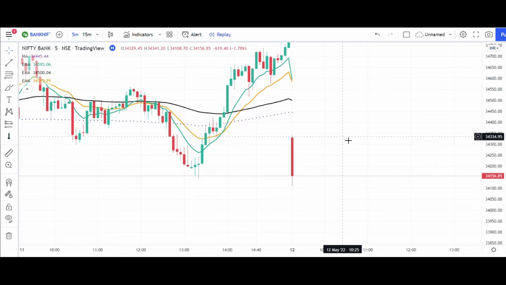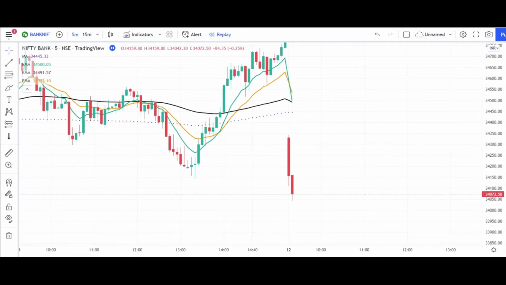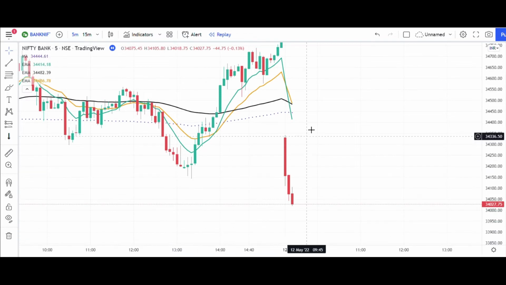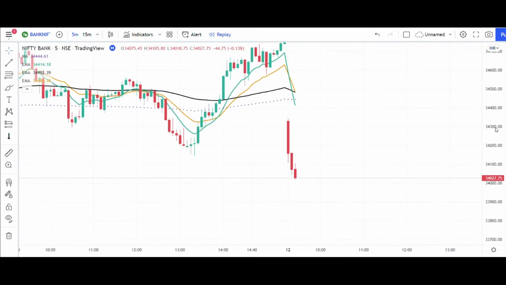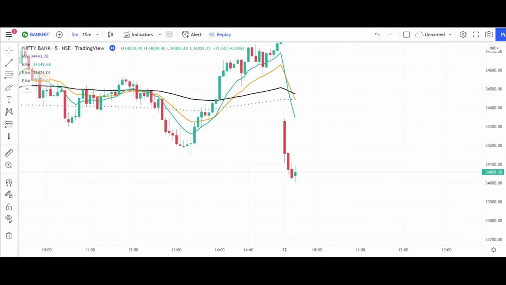So we will not prejudge that it will go down and then take the trade. We will go with what is visible, not with what will happen. Our condition is still not generated, so we are not taking any buy or sell trade. Here the 100 exponential moving average is still there, so we are not taking any trade.